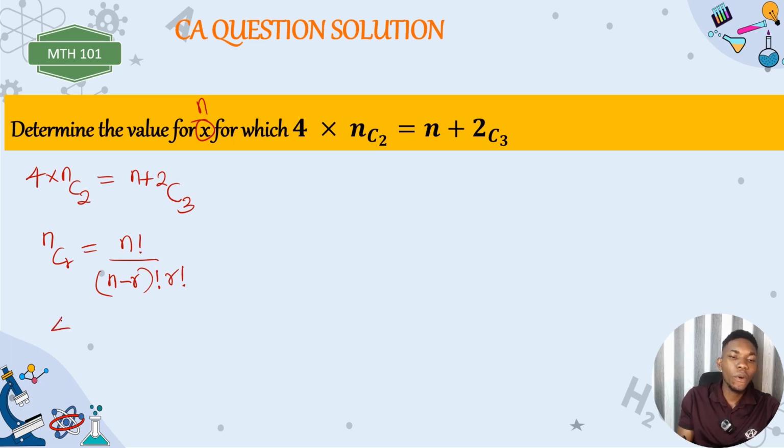So if I have 4 times n combination 2, we can write it as n factorial divided by, in this case now our r is 2, gives us n minus 2, because we say n minus r factorial, then 2 factorial. Now this will give us 4 times n factorial, which means you should be subtracting 1 from n while you are multiplying it with n.